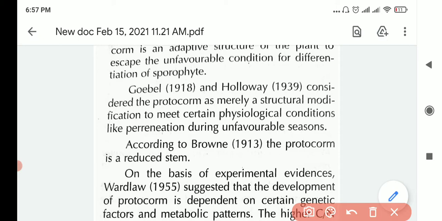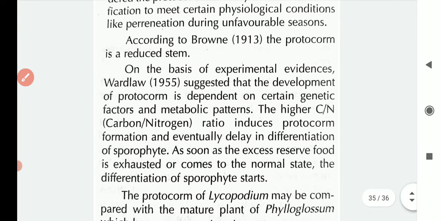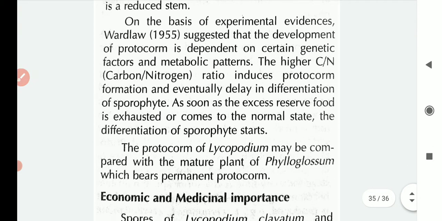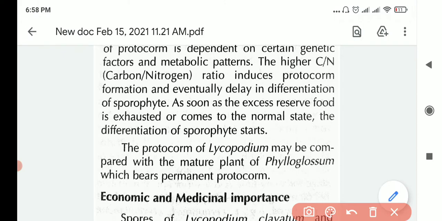Another scientist, Wardlaw, suggested through some experiments that the protocorm depends on genetic factors. He says that if there is more carbon and nitrogen in the soil or in the body of the plant, there will be protocorm formation.